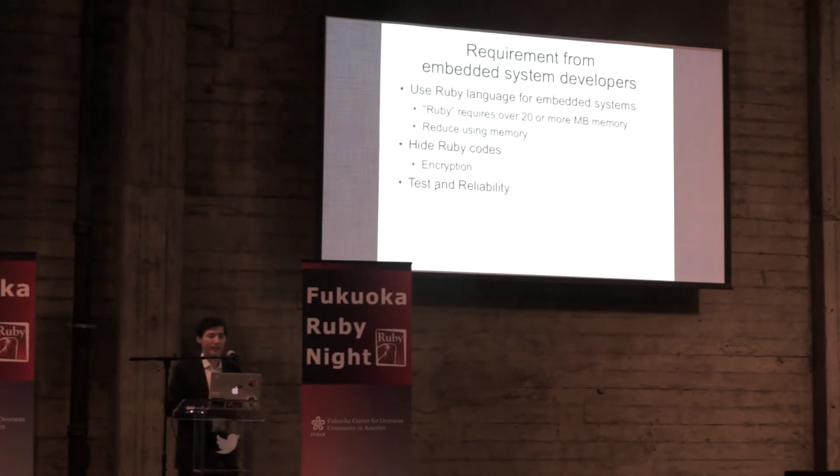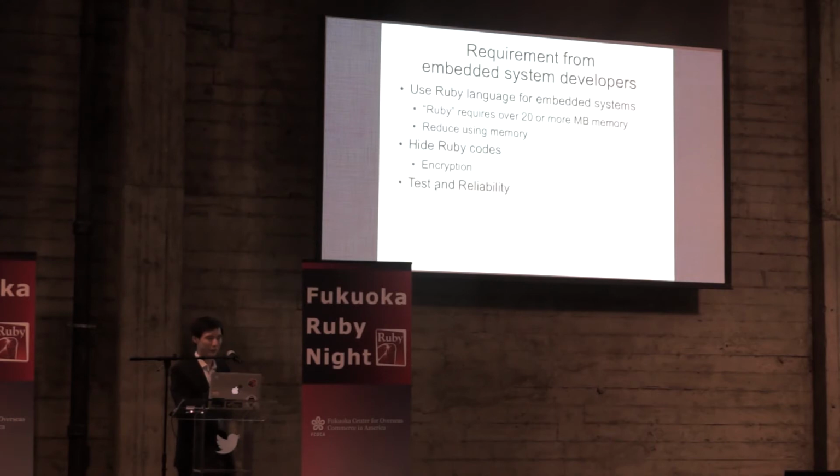So, the requirements for the Ruby language in the embedded area: first, memory space. Usual MRI requires 20 or 30 megabytes or more of memory. But in embedded systems, small devices, maybe 1 megabyte or less.